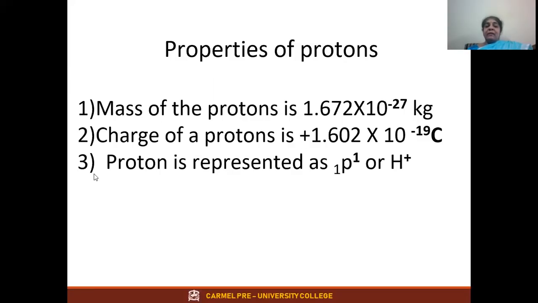Then how do we represent a proton? Proton is represented as P with superscript 1 and subscript 1, or H plus. The best way to represent a proton is H plus. So these are the three important properties of protons. Please, students, make a note of it in your notebook.